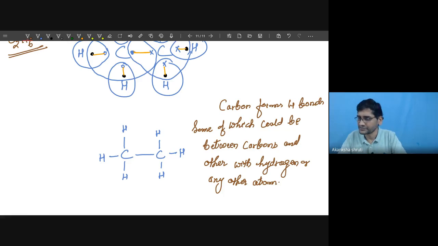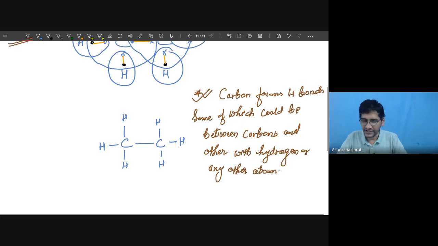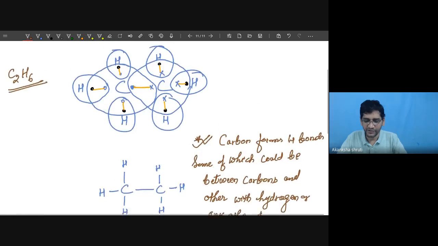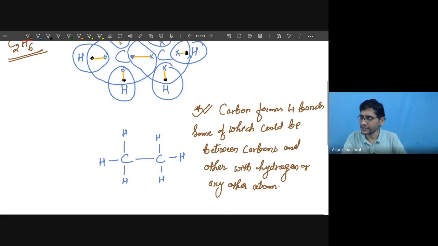So it is this much, and it is very important. This is ultimately the tool we are going to apply. We have to understand this once more for drawing the structural formula of any compound. This is the only tool: for carbon you have to draw 4 bonds.